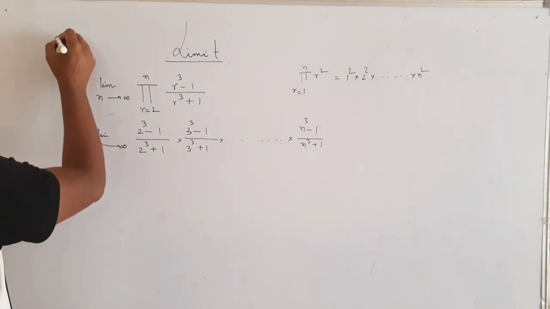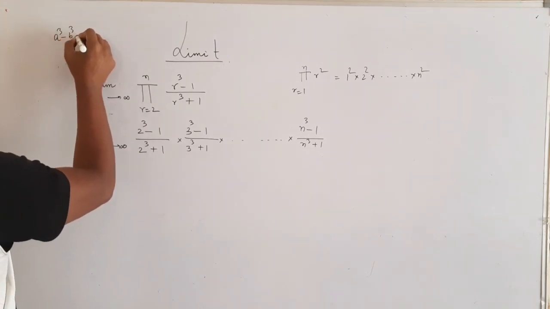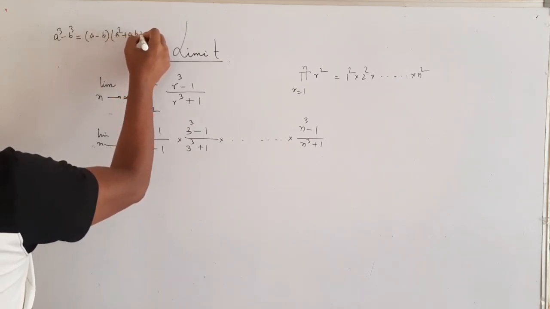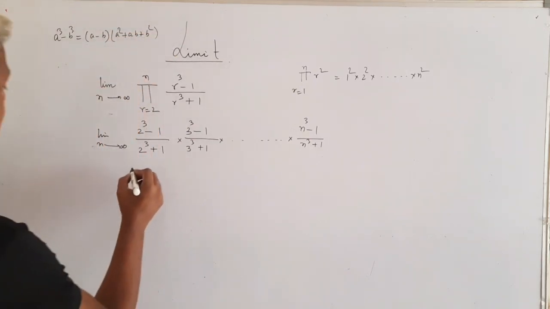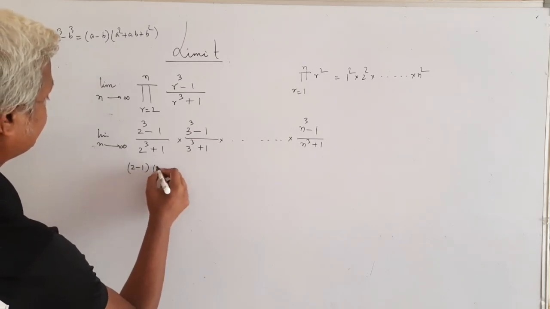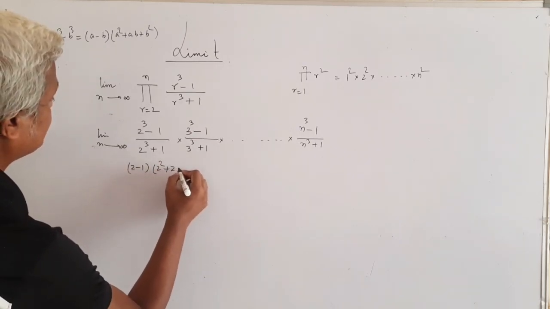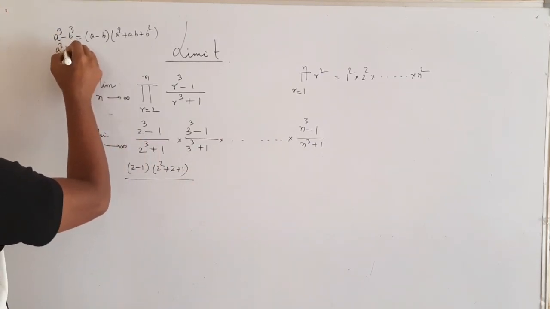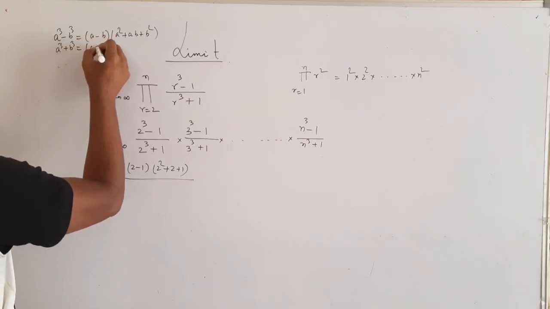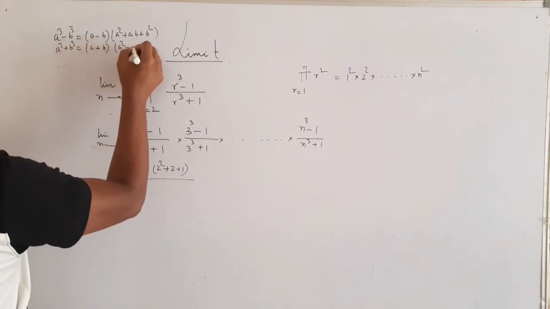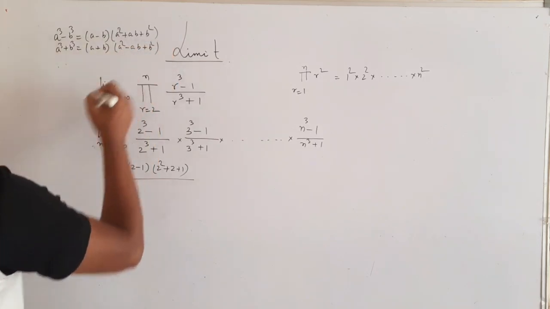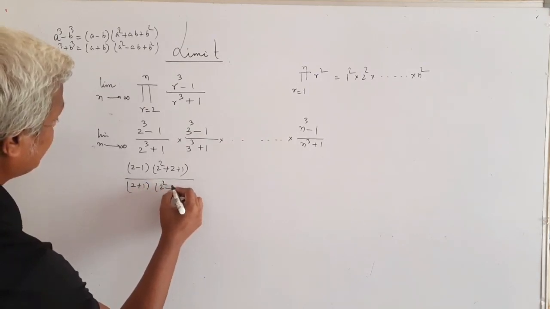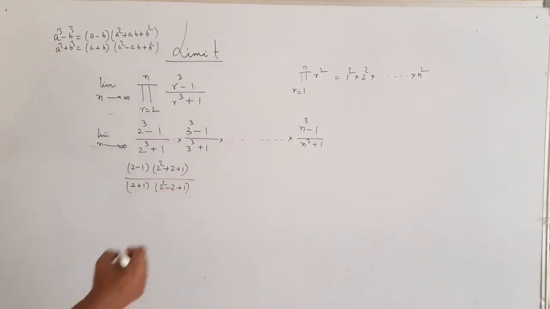Now we know the formula of a cube minus b cube. So a cube minus b cube is (a minus b)(a square plus ab plus b square), and a cube plus b cube is (a plus b)(a square minus ab plus b square). So this will become (2 minus 1)(2 square plus 2 plus 1) upon (2 plus 1)(2 square minus 2 plus 1).